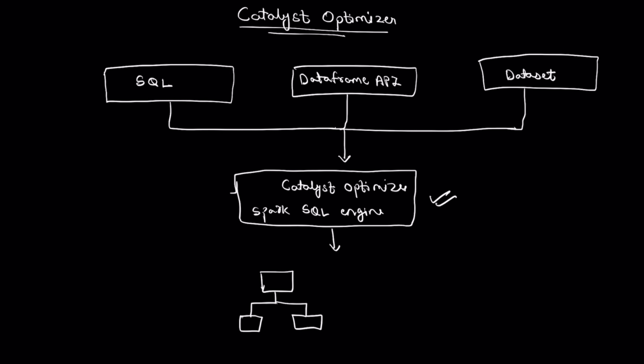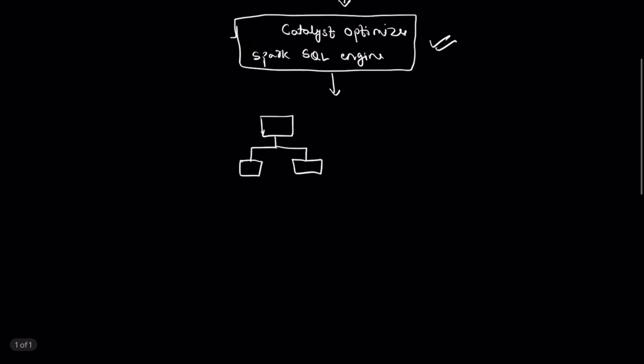Now we have understood what exactly the function of Catalyst Optimizer is. Let's take a look into Catalyst Optimizer, what it exactly contains. So there are total of four phases in the Catalyst Optimizer.